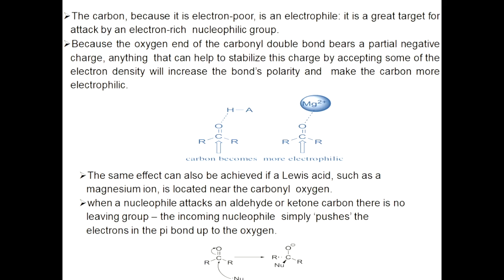Now, the oxygen end of the carbonyl bond bears a partial negative charge. Anything that can help to stabilize this charge by accepting some of the electron density will increase the bond polarity and make the carbon more electrophilic. So any group, either an acid or a metal ion, which binds with oxygen makes the double bond more polarized and the carbon more positive or electrophilic.